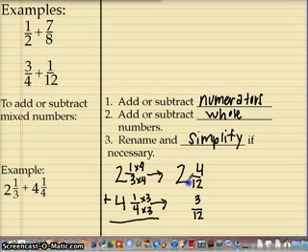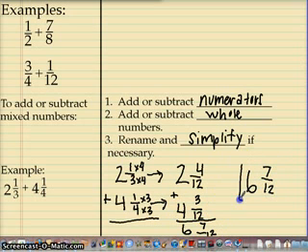We put our whole numbers in front, bring them over. We know that 4 plus 3 is 7. And we know that 2 plus 4 is 6. 7/12 cannot be simplified, so we know that our final answer would be 6 7/12.